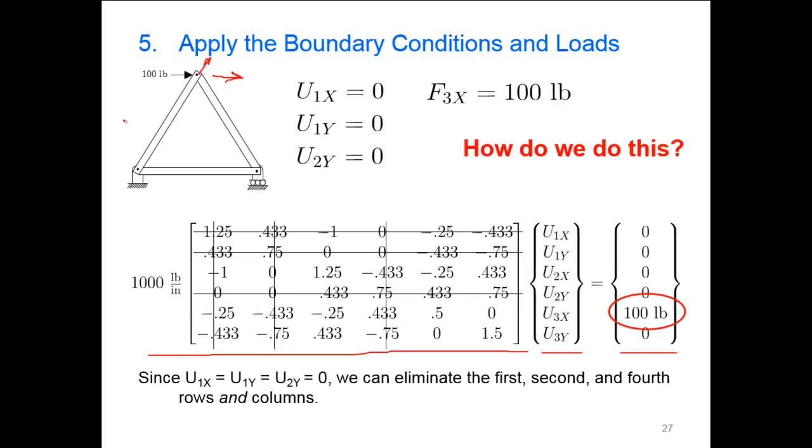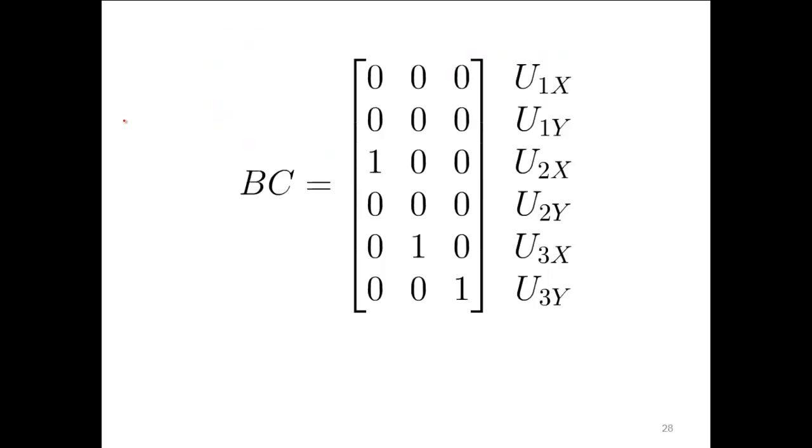All right, so how do we do this? How do we whittle this down, take out these rows and columns, and get to what we want to do? Well, we use what I'm calling the boundary condition matrix. It's another transformation matrix, but we only include what we want to keep. Right? So what we want to keep is the displacement at node 2 in the x direction. We want to keep displacement at node 3 in the x and y direction.